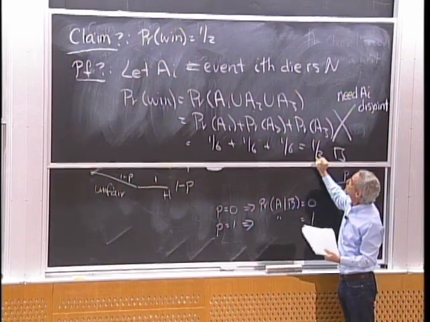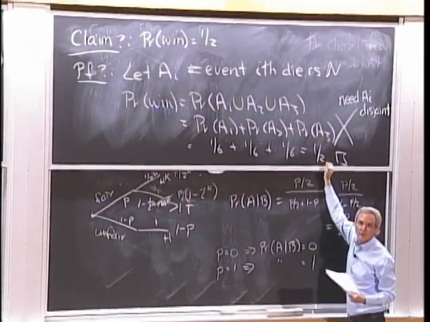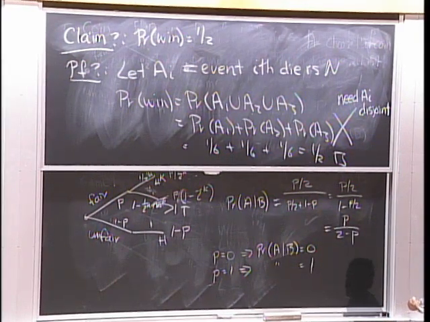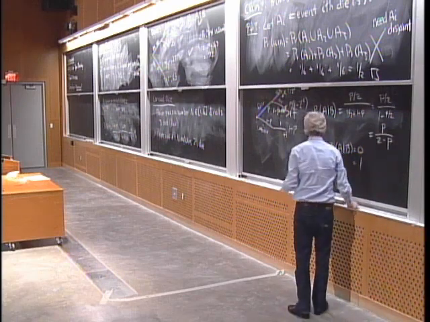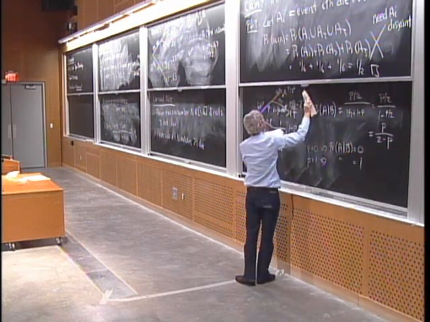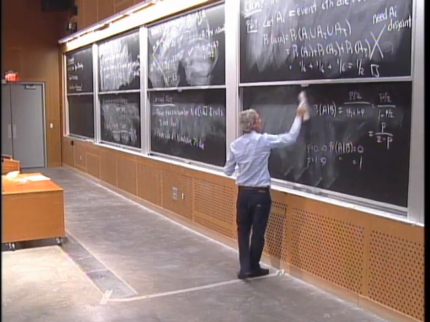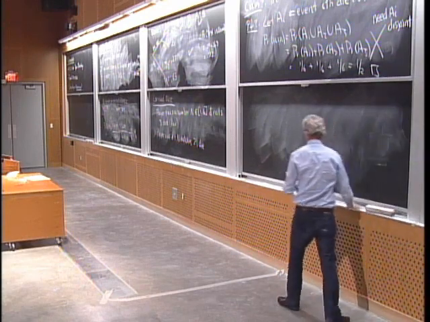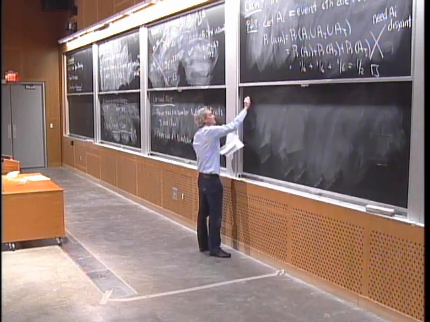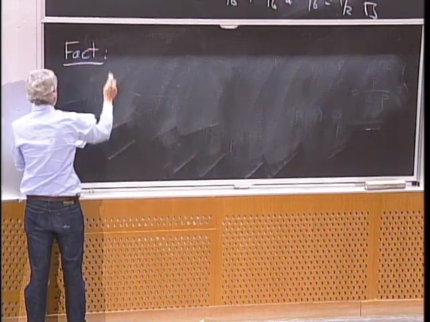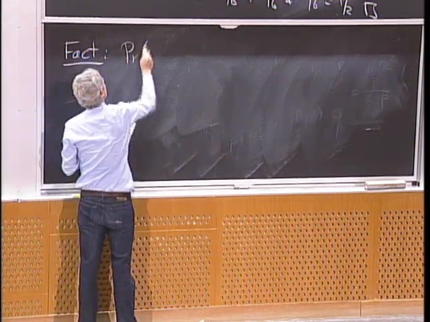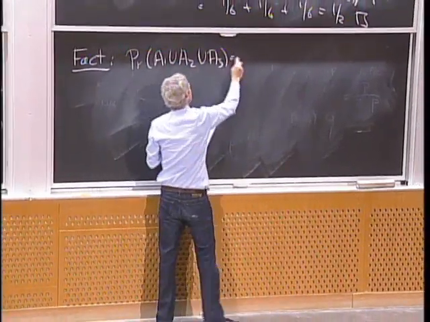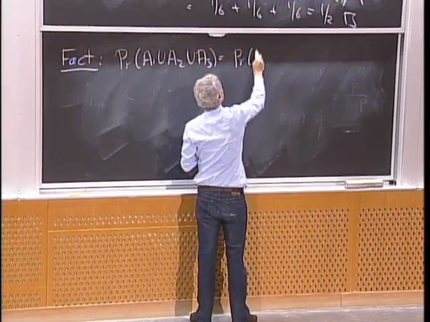Now, what's the principle you used 2 weeks ago when you did cardinality of a set? Cardinality of a union of sets. Inclusion-exclusion. And the same thing needs to be done here. So let's do that. And then we'll figure out the actual probability. So this is a fact based on the inclusion-exclusion principle. The probability of A1 union A2 union A3 is just what you'd think it would be from inclusion-exclusion.